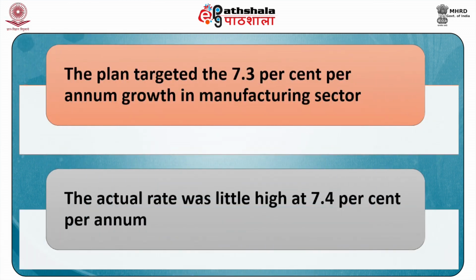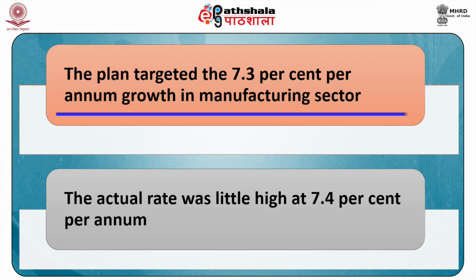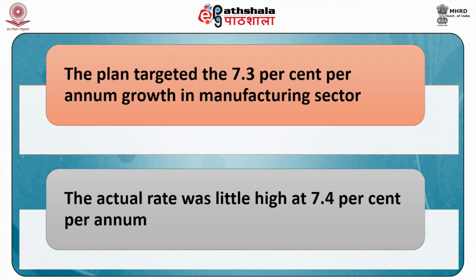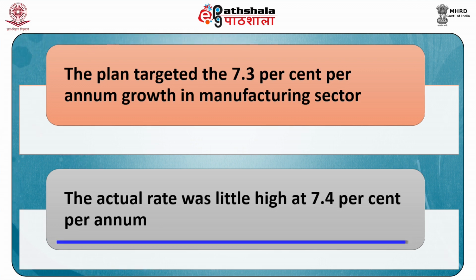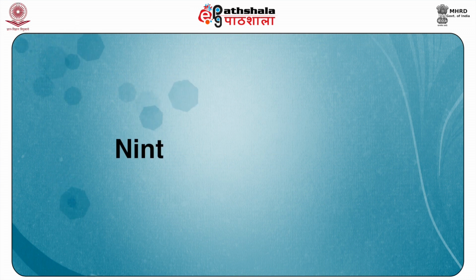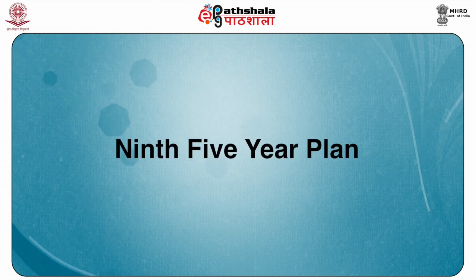The plan targeted 7.3% per annum growth in the manufacturing sector, but the actual rate was a little higher at 7.4% per annum. 9th 5-year plan.